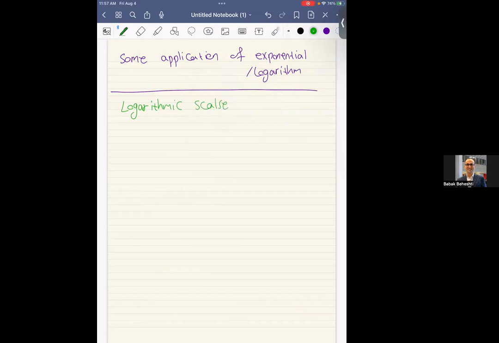For some quantities like intensity of earthquake or acidity of materials, pH, we can use logarithm because we deal with large numbers. When we deal with large numbers, we can use logarithmic scale to reduce the number, to make it easier to work with, basically.